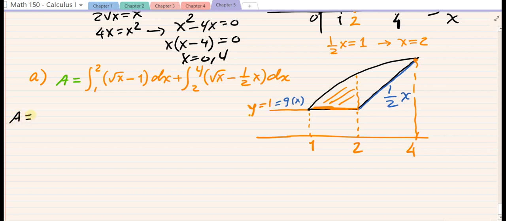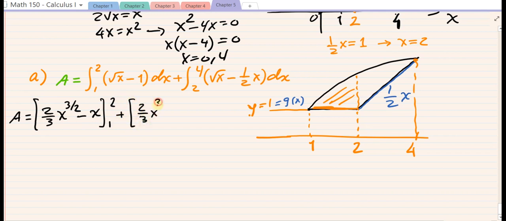The area is equal to the integral of square root of x, which is x to the 1/2, is 2/3 x to the 3/2, minus the integral of 1 dx, which is just x, from 1 to 2, plus the second integral, 2/3 x to the 3/2 minus x squared over 2 times 2, which makes it x squared divided by 4, evaluated from 2 to 4.